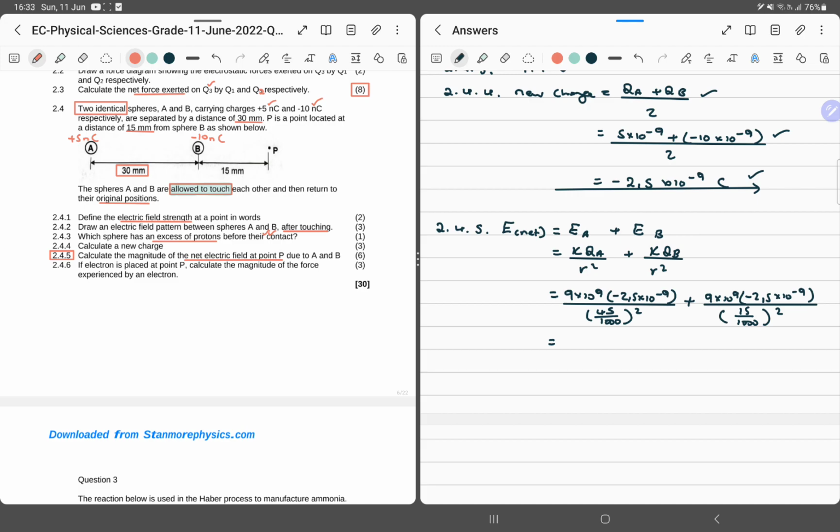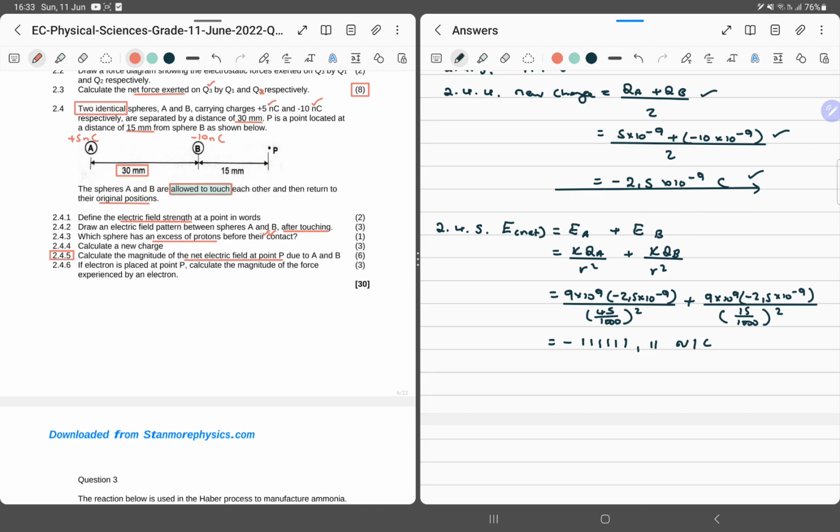So yeah, these calculators are powerful. You can do a big thing quick. So I'm getting minus 1, 2, 3, 4, 1, 2, 3, 4, 5, 6, comma 1 1 to 2 decimal places. That is newtons per coulomb.